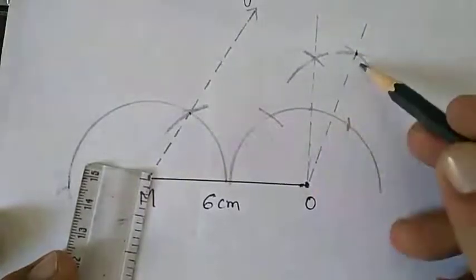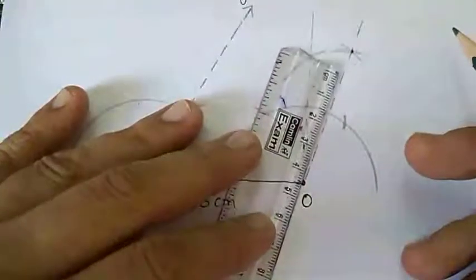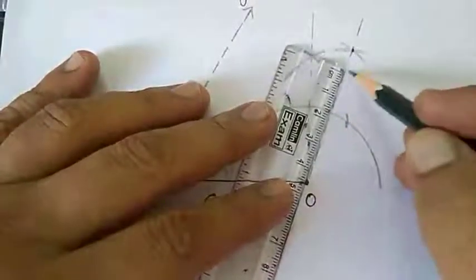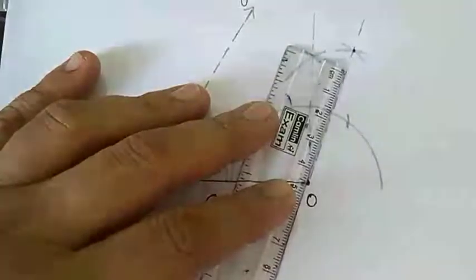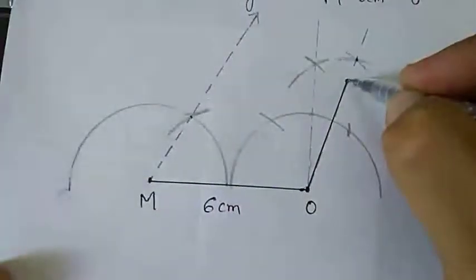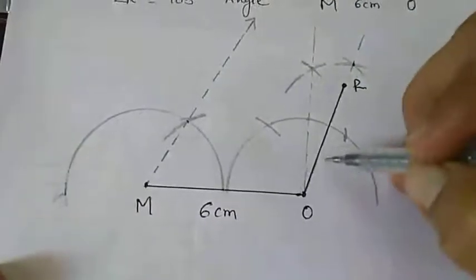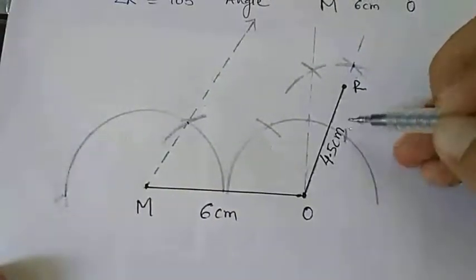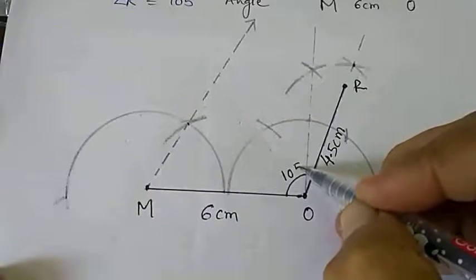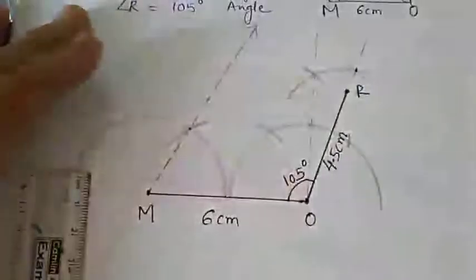It is OR, how much have they said? 4.5 centimeters. So 4.5 only I will take here, and that much part will be darkened. I will highlight it. This point will be R, 4.5 centimeter. This angle 105 degree. So I have made this much, okay.